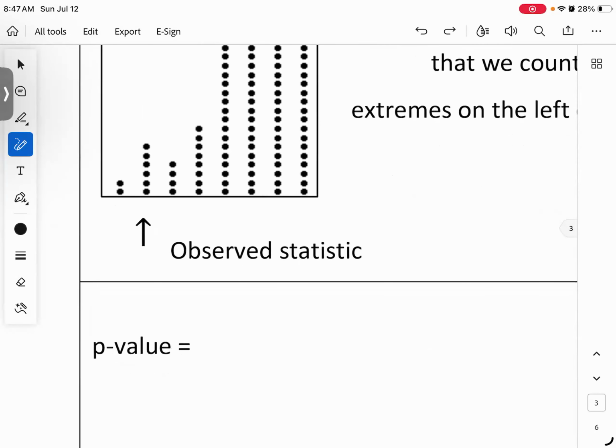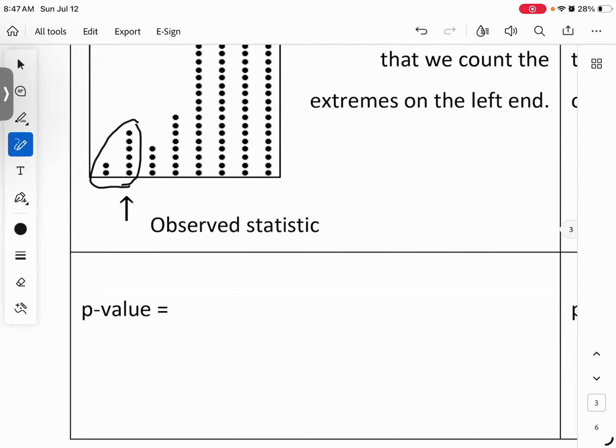And you'll take that value and you'll go to the left tail and you'll just locate where it is number-wise. And then right here, anything that is as extreme as what you observed, which would be anything right above it, or anything that is more extreme, which would be more to the left. And you'll count those dots. Now it's 1, 2, 3, 4, 5, 6, 7, 8.